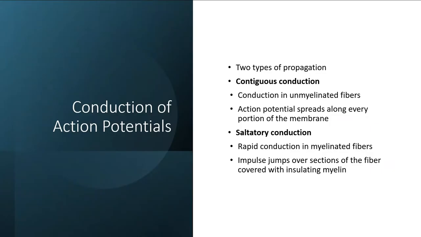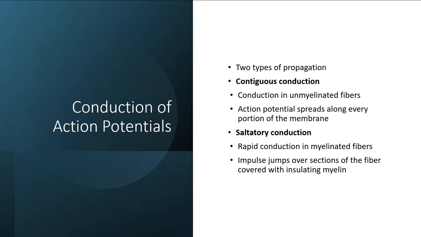Conduction of action potentials is basically divided into two types: contiguous conduction and saltatory conduction. Contiguous conduction takes place in unmyelinated nerve fibers, and it is continuous. Action potential is spread along every portion of the membrane.